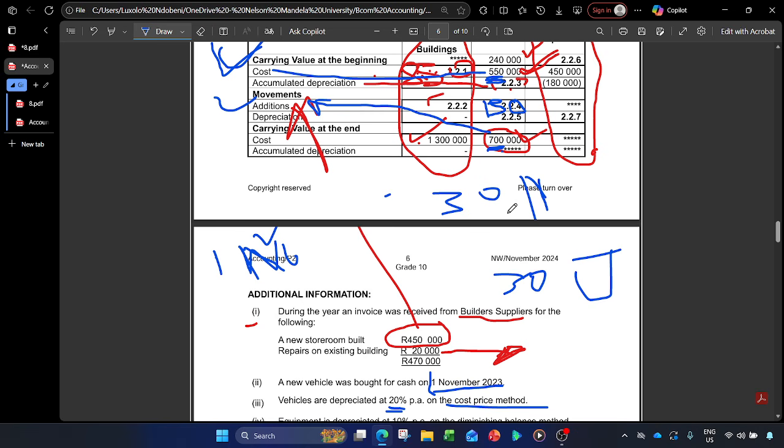But now, if you bought it at month end, on 30 or 31 November, that means that you didn't use it the whole November. You started to use it on the 1st of December. So that asset won't depreciate for November, but will start to depreciate in December. Take note of that.